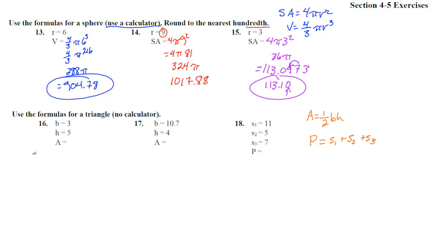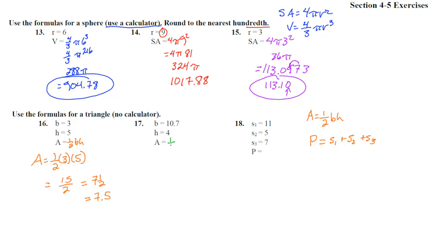So number 16, the area is 1/2 base times height. Base is 3, height is 5. So we get 3 times 5 is 15, times 1/2 is 15 halves, or 7.5. Good.